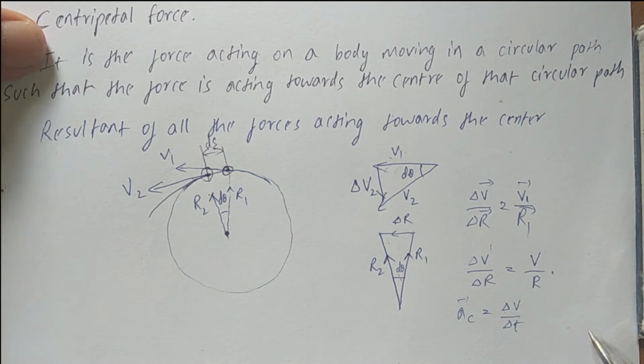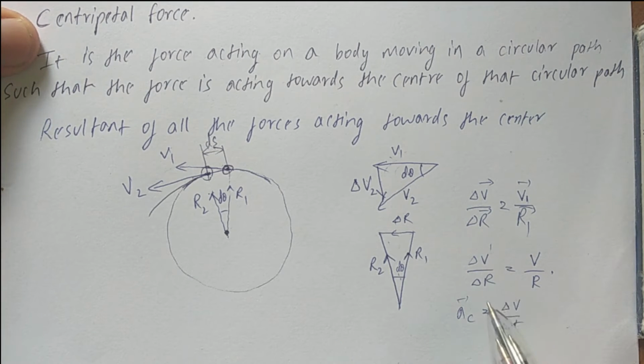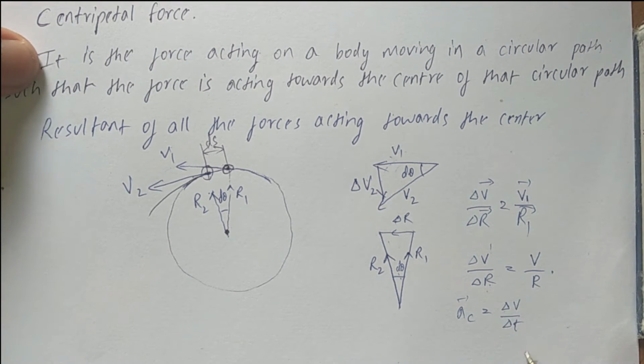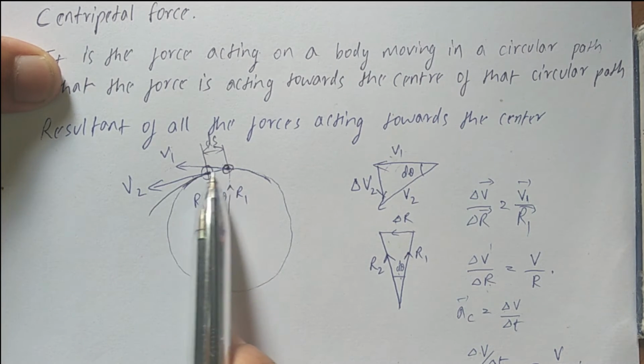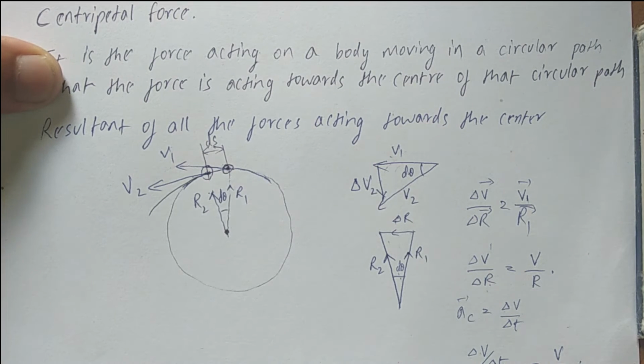So here, if we divide both numerator and denominator by this small change in t, then change in V by change in t divided by change in R by change in t is equal to V by R. Change in V by change in t is nothing but the magnitude of the centripetal acceleration, and change in R by change in t, the rate of change of this arc per unit time, is nothing but the velocity of this particle.